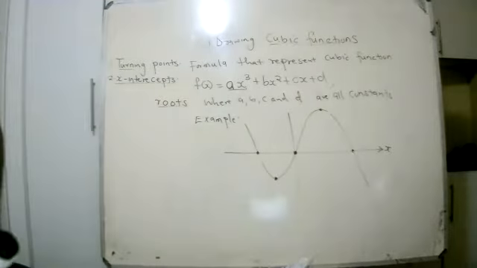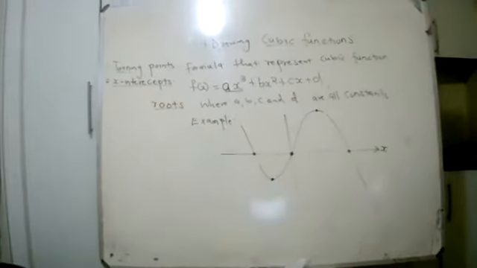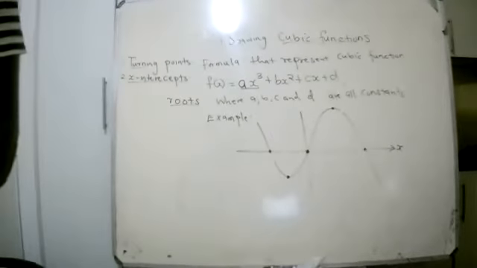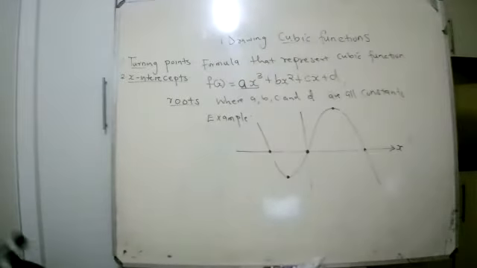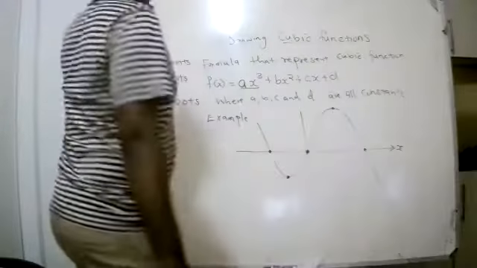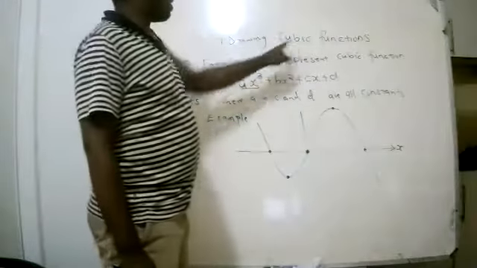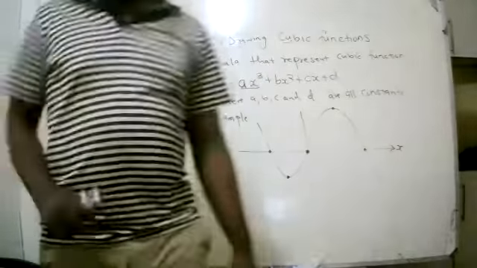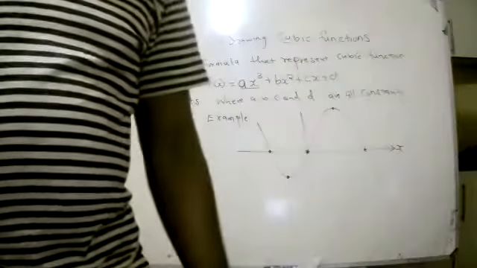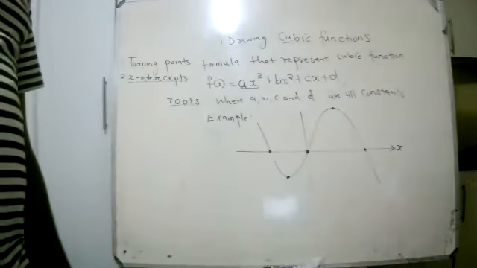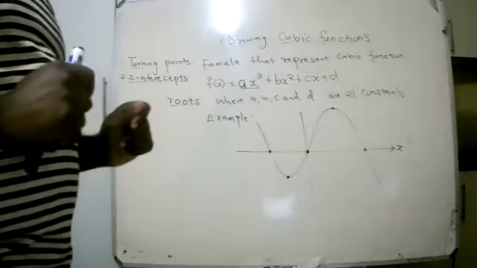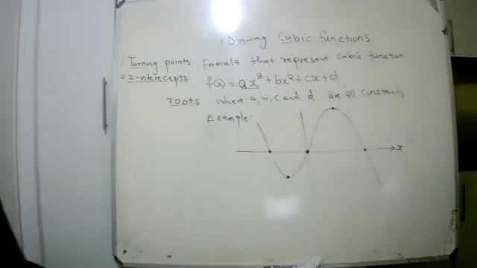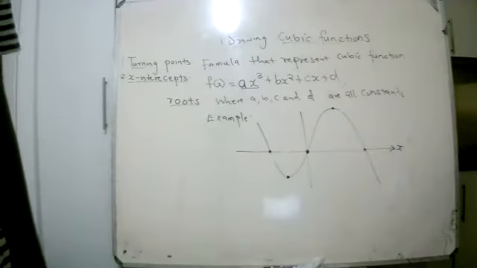At this moment, I would like to explain how we calculate the turning points and the x-intercepts for the cubic function. But before I do that, I would like to find out from you, if you remember, how do we calculate the turning points for the parabola graph?